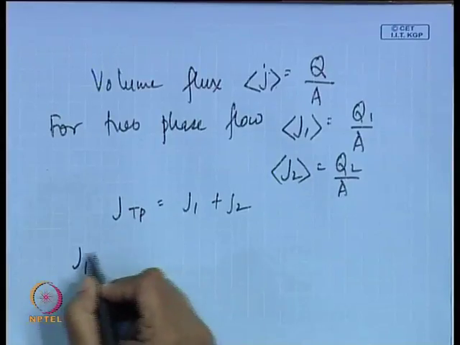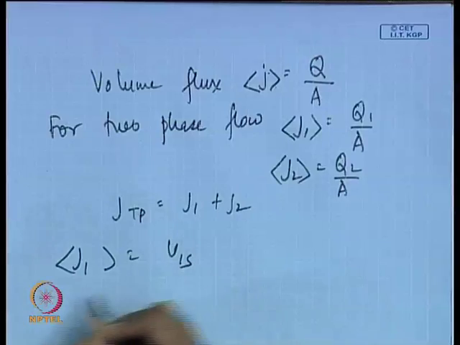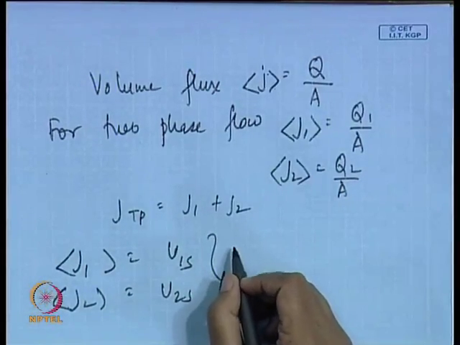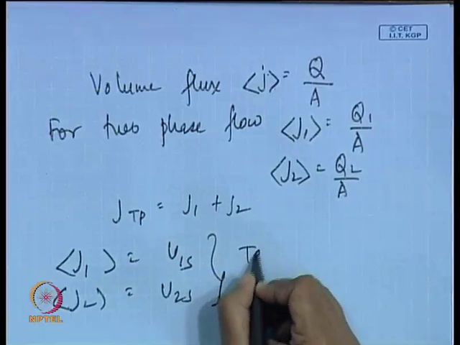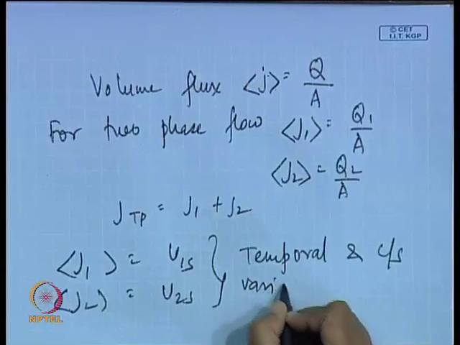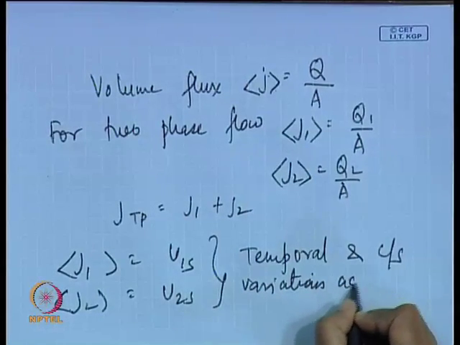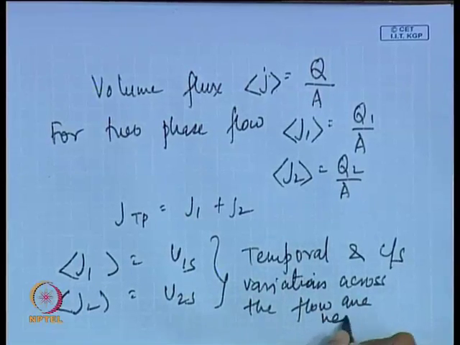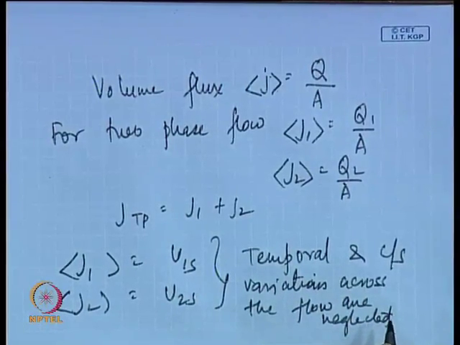They can be used interchangeably when temporal and cross sectional variations across the flow are ignored. Please remember that J1 equals U1s, J2 equals U2s. This can be used only when temporal and cross sectional variations across the flow are neglected, otherwise we cannot use it.